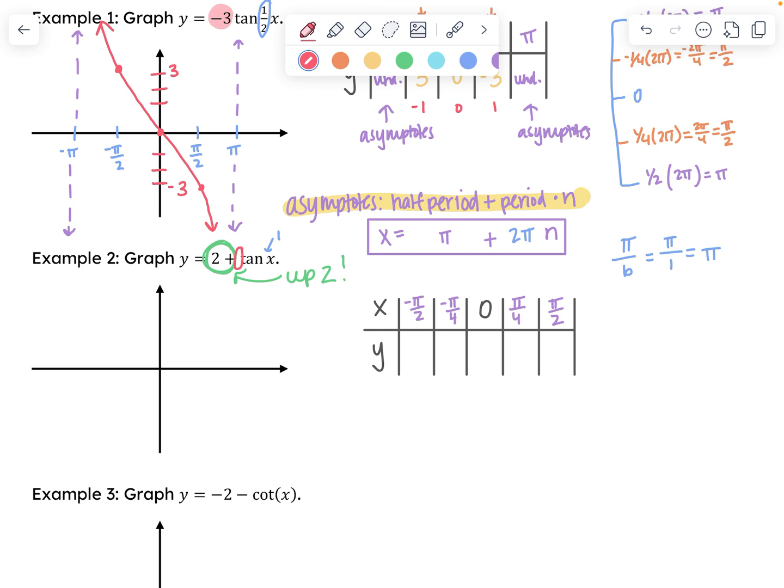However, that plus 2 is going to change our tangent. Here we have our asymptotes, our undefined, and then here would normally be -1, 0, and 1. But since we're going up 2, -1 plus 2 gets up to 1, 0 plus 2 is 2, and 1 plus 2 is 3. So I'm just taking my entire graph and shifting everything up 2.